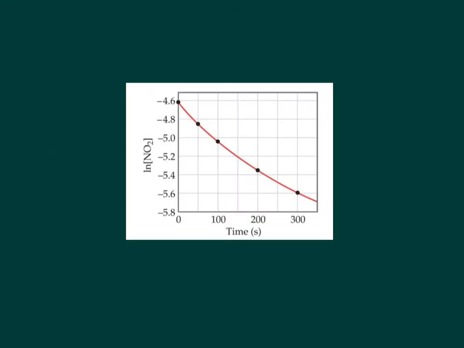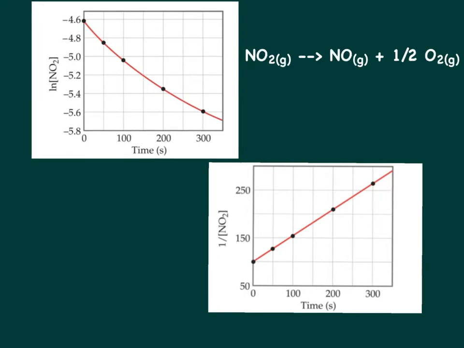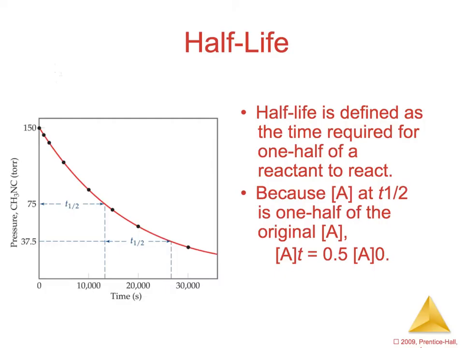Graphing the natural log of the nitrogen dioxide concentration versus time does not give us a straight line, so it must not be a first-order process. But graphing the reciprocal of the concentration of the nitrogen dioxide versus time does give us a straight line. So that tells us that the reaction is second order in nitrogen dioxide.